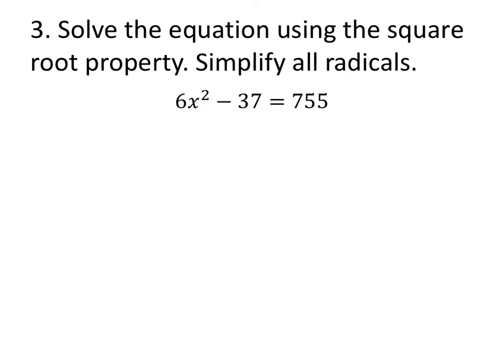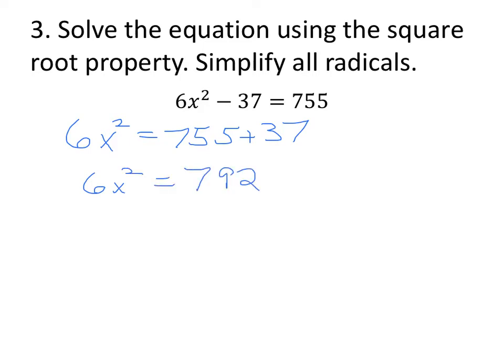Problem number 3, we're going to solve this equation using the square root property. And in order to do that, we get our variable terms on one side of the equation and our numbers on the other. So we have 6x squared equals 792.